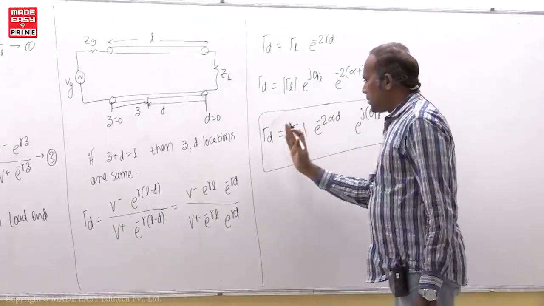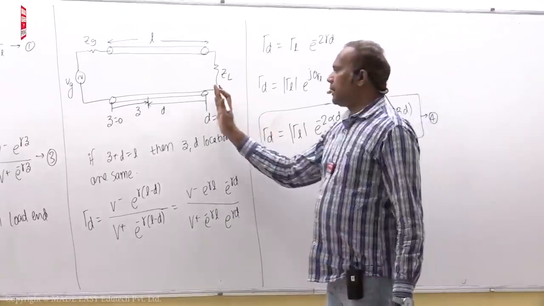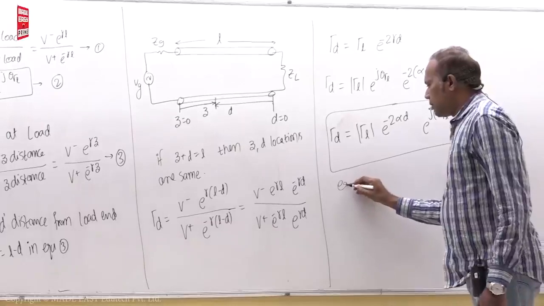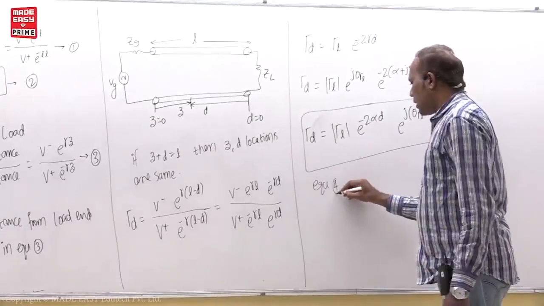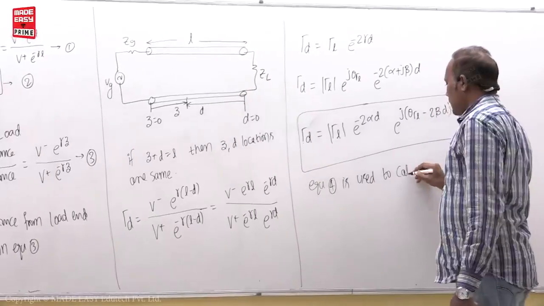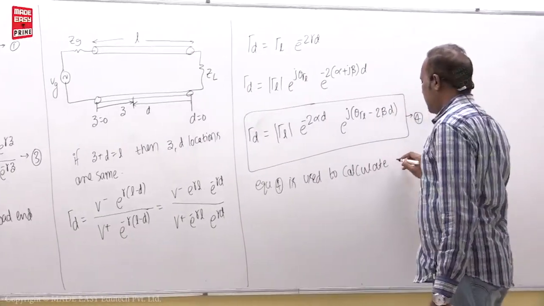This is the formula of reflection coefficient at D distance from the load end.